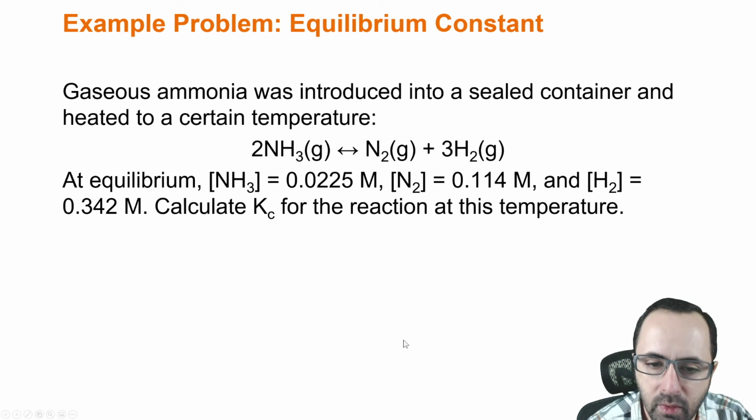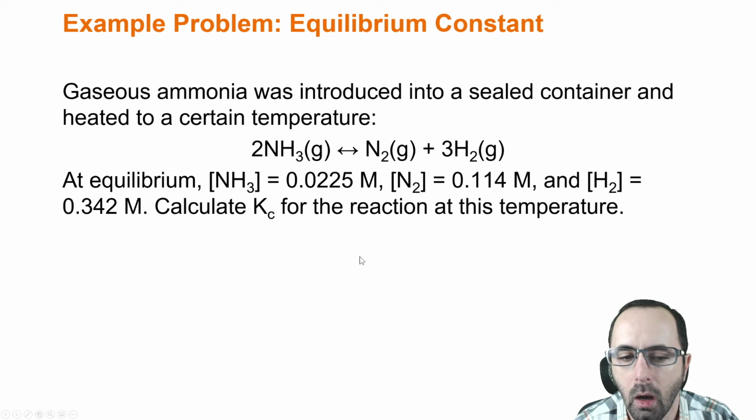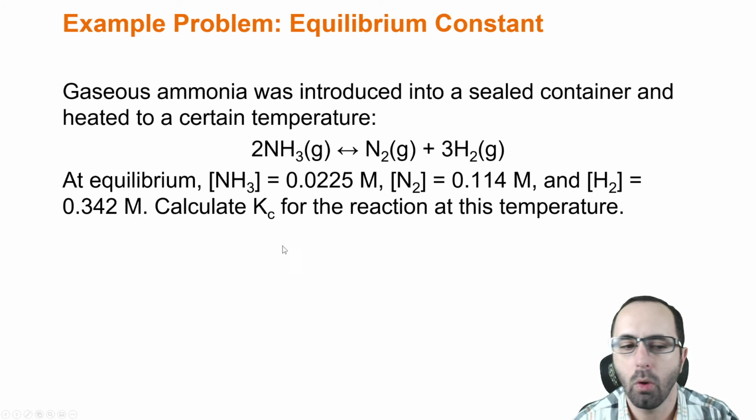Let's say we've got these equilibrium concentrations for the decomposition of ammonia to nitrogen gas and hydrogen gas. At equilibrium, we have 0.0225 molar for ammonia, 0.114 molar for nitrogen, and 0.324 molar for hydrogen.